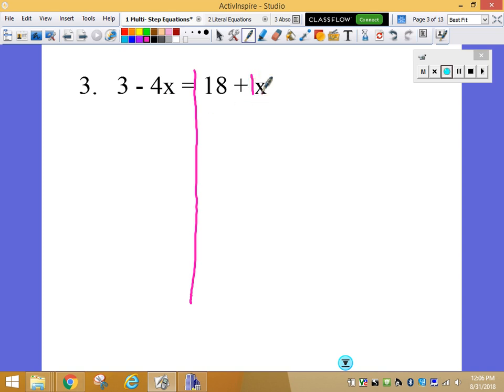So I want to take this 1x, I want to move it left. And the opposite of adding is subtracting. So I'm going to subtract 1x. Again, please note that I lined up my x's together. Okay? So 1x minus 1x goes away. Here, look at this. See if you can figure out what you would type in your calculator right here. If you do 4 minus 1, you are wrong.